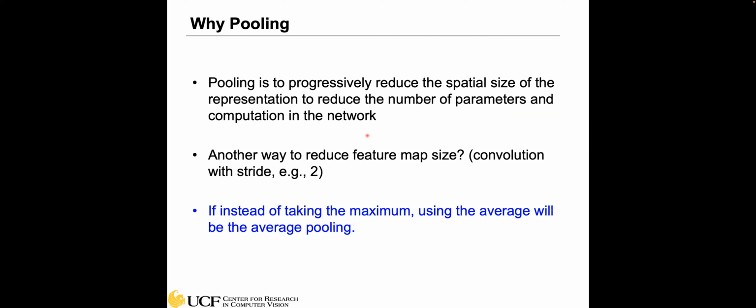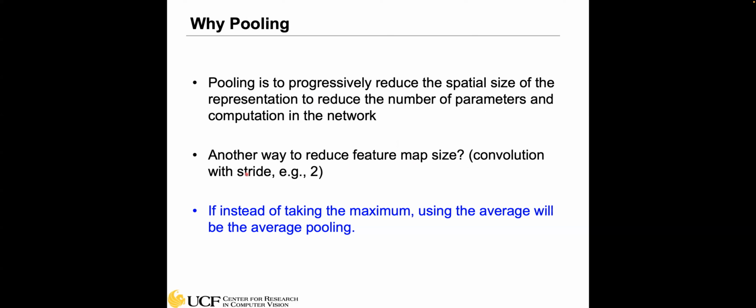There's actually another way to do the pooling. If you want to reduce the size and don't want to use the pooling layer, you can also use a large stride in your convolution. Before, we were using stride equal to 1, and if we don't use padding, we still reduce the size by 2 dimensions each time.